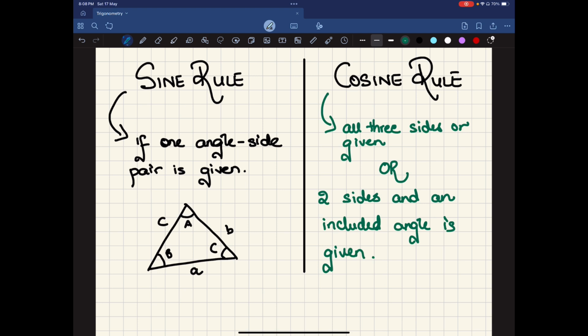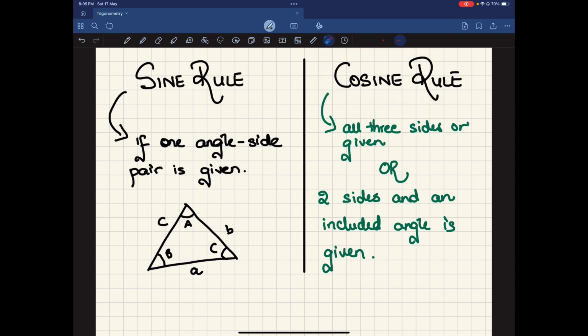Okay, so the first thing that you're going to check is if we have a right angle triangle or not. If not, then we can use sine and cosine rules. To apply sine rule, you need to check if the non-right angle triangle has at least one complete angle side pair given to you. If it is given, then you can apply the sine rule. If not, then obviously the second option that you're left with is the cosine rule.